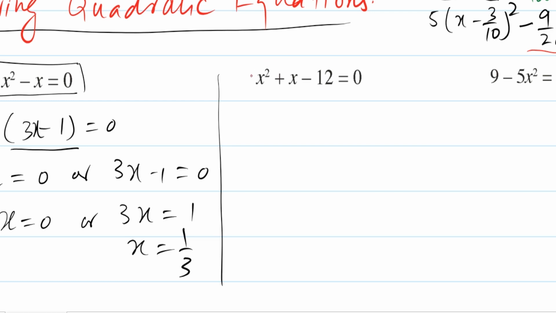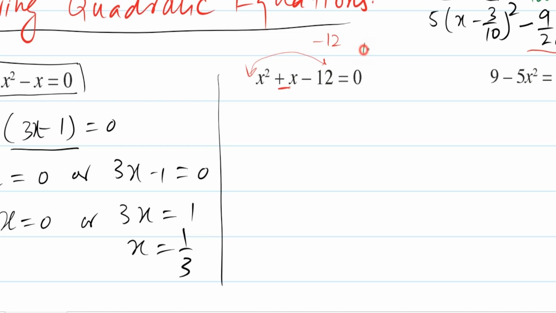If I multiply the extreme numbers, I have minus 12, and the middle number is 1, the coefficient of x. So I need two numbers which when multiplied give me minus 12, and whose difference gives plus 1.